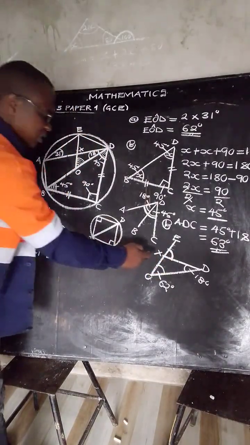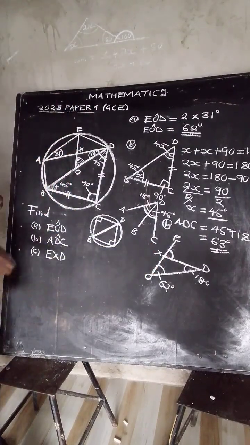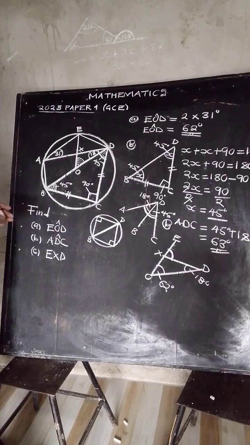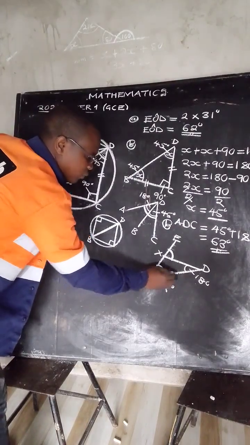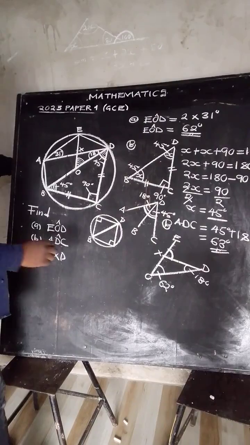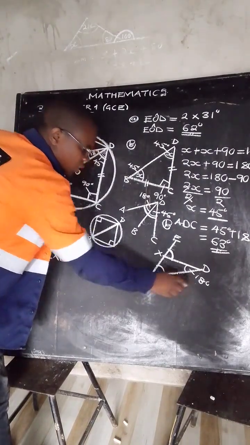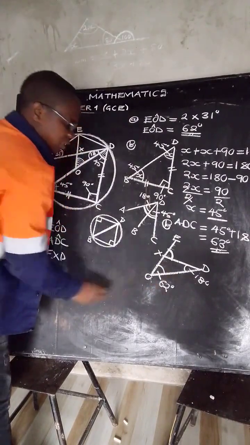Now, for us to find this angle, we know that angles formed in a triangle add up to 180. So out of 180, we have a 62. We also have 18.